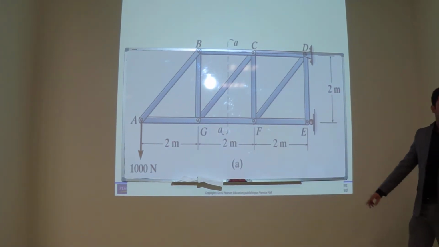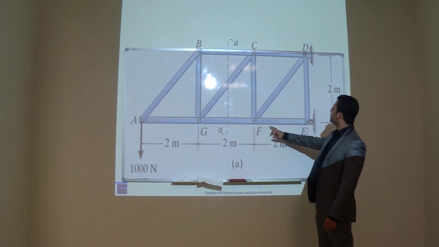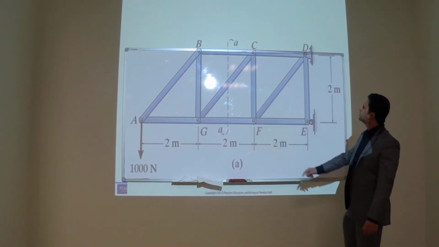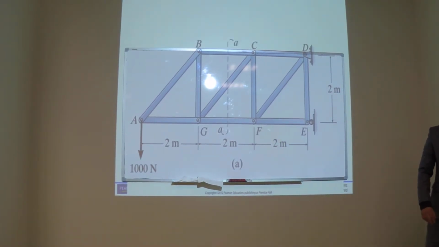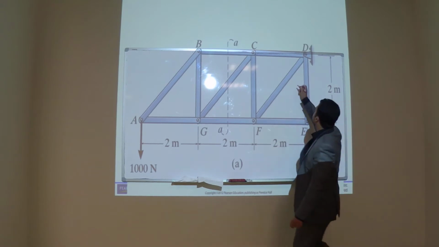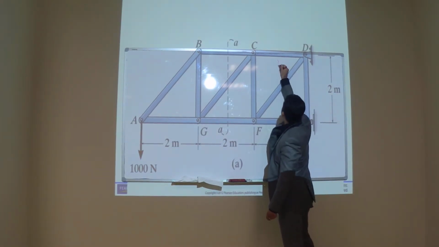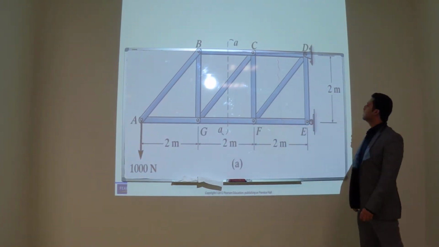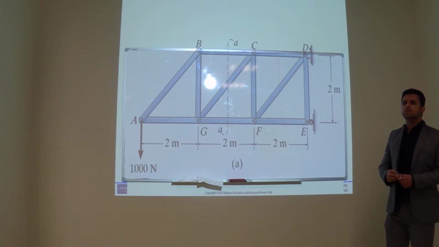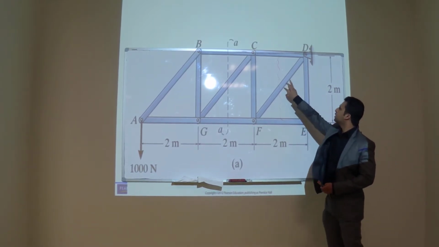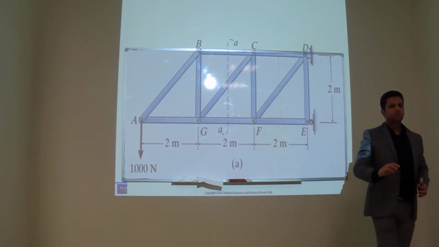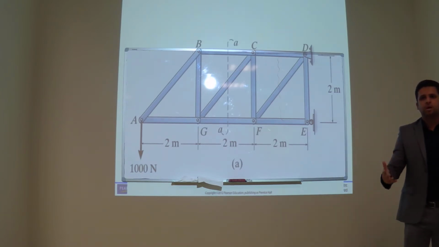For example, if you have to find out the force in member FD, you should take a section passing through CD. So if you solve this, you can find the forces in 1, 2 and 3. Your section can pass maybe 4 members, 5 members, but if there are 3, it's much easier to solve.